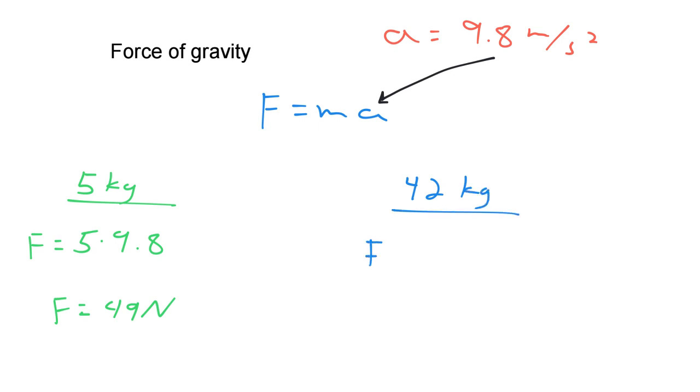Well, the force equals 42 times 9.8. The force is 411.6 newtons. So the force is going to be stronger on heavier objects. That does not mean that they will fall faster, though. All right, so that is the force of gravity.